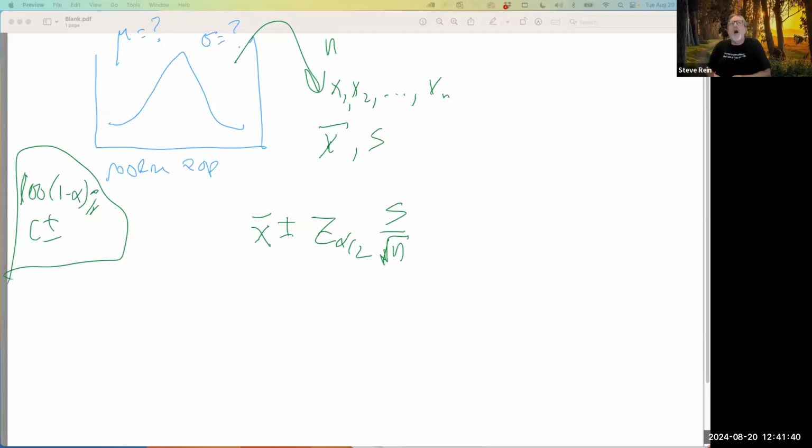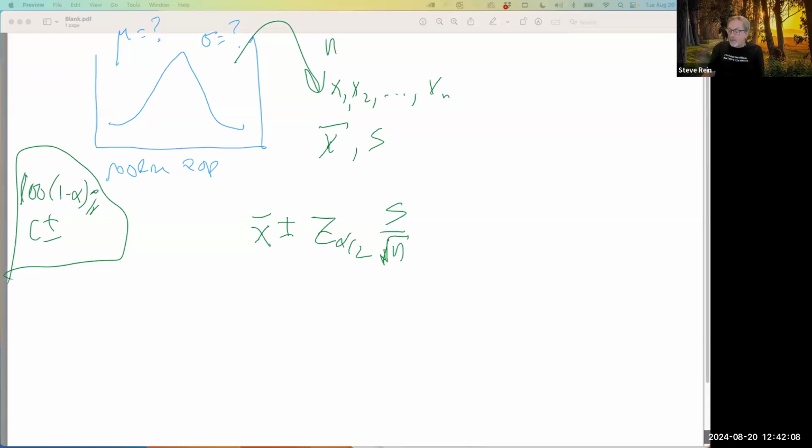S might be far off from the truth. There's some interesting reading, or you could look up a guy named Gossett. He worked at the Guinness Brewing Factory and did this mathematical work. He integrated over one of the dimensions and came up with what we're going to tell you today.